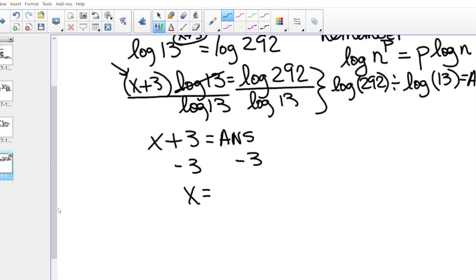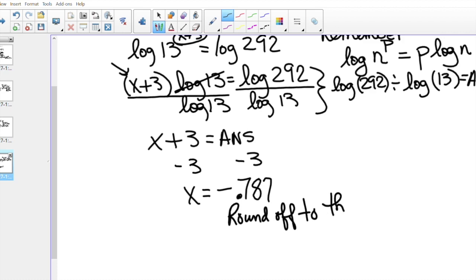Now, here now we got x. Now you round it off to the answer. Now, my calculator said it was negative 0.787. Again, rounded off to 3 places.